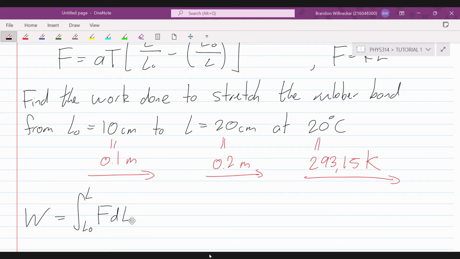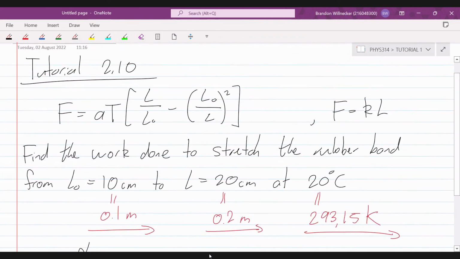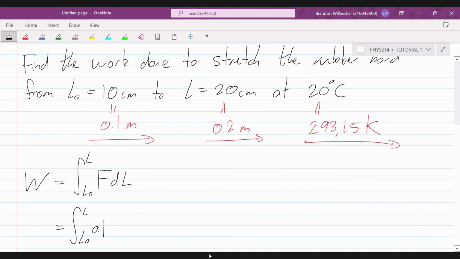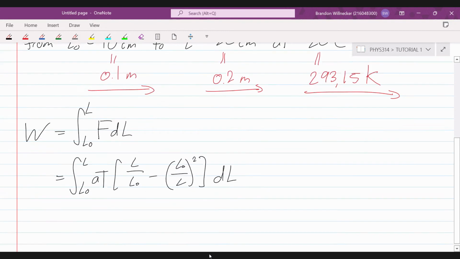If we do it over a total displacement, that's going to be the total work done. So that's the integral from L naught to L of AT (L over L naught minus L naught over L squared) dl.